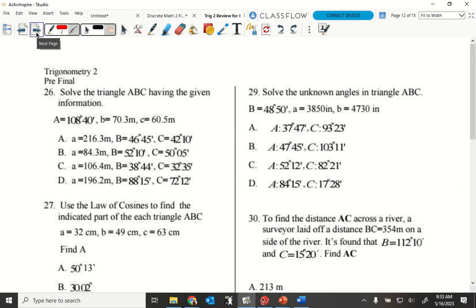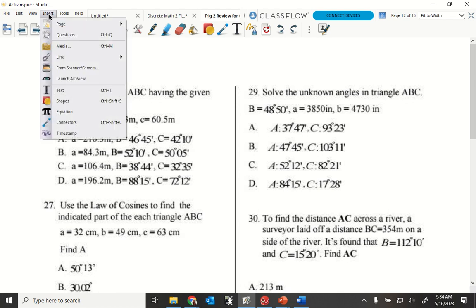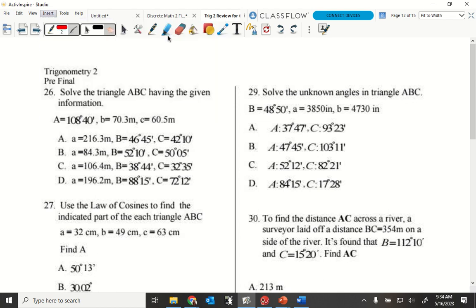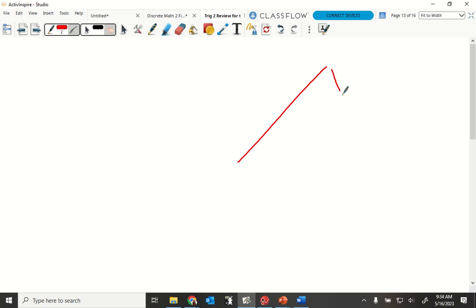Solve the triangle given the information. So whenever I have one of these, I need to draw a triangle.